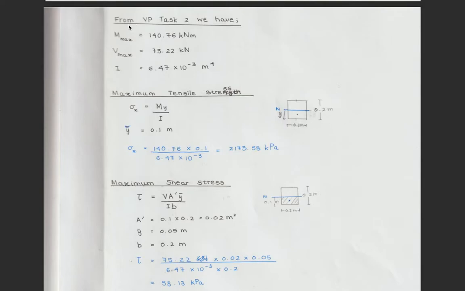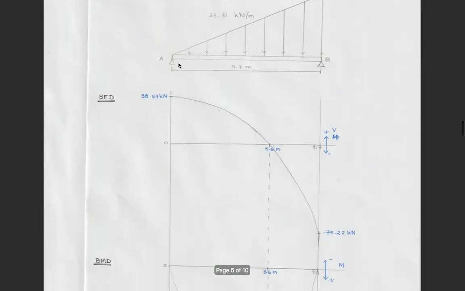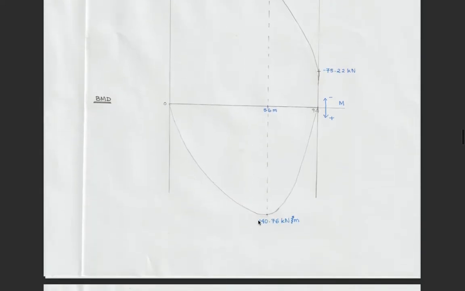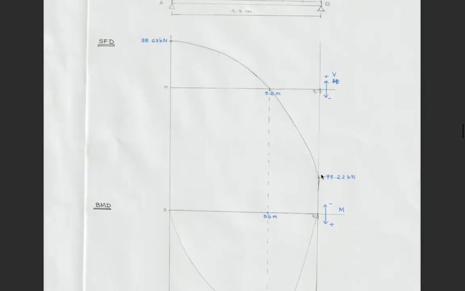So before that, I've just listed some of the values that I'm going to need for those calculations. I've just got those from the previous pages. So the maximum bending moment I've got from my diagram here, 140.76 kilonewton meters. Maximum shear force is the one here.